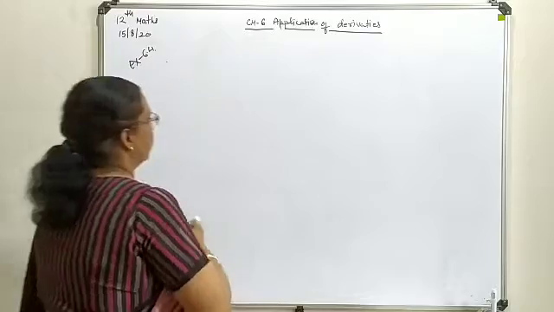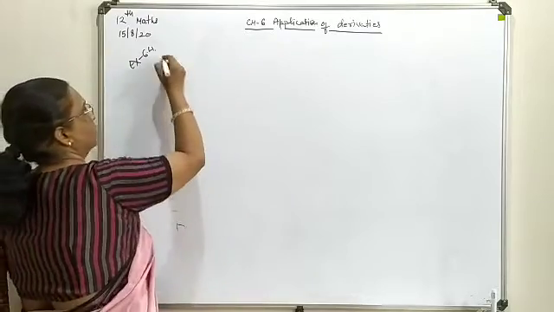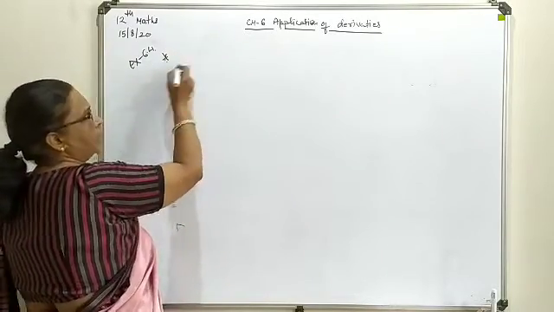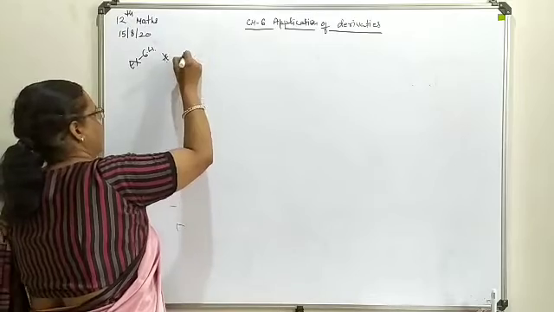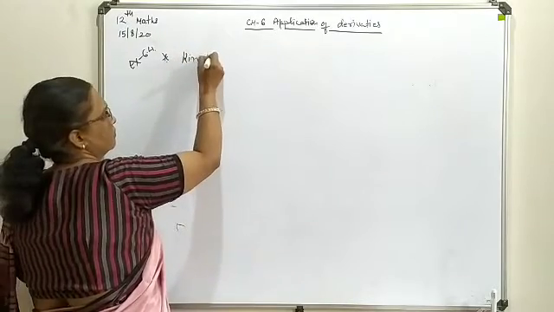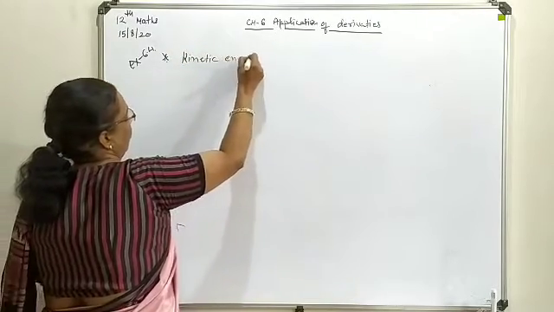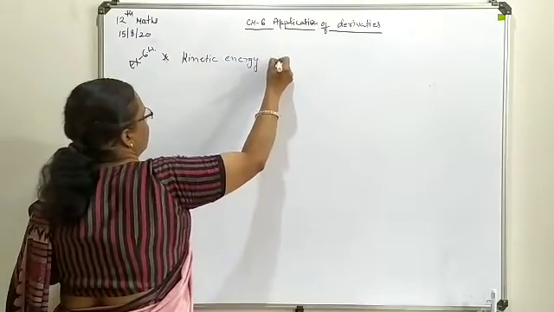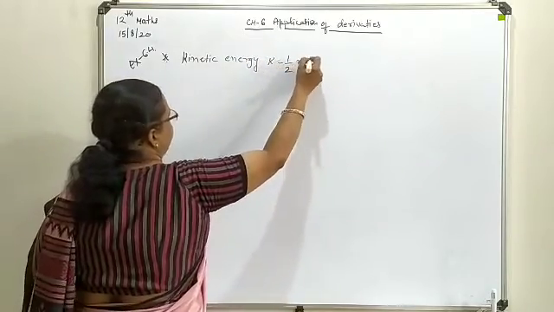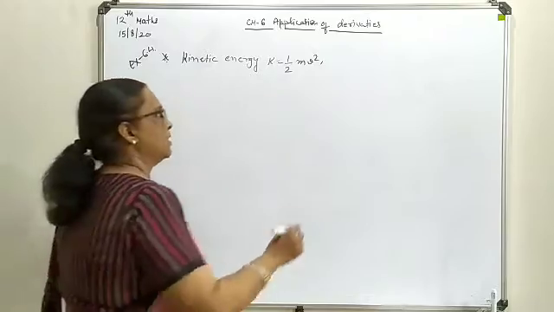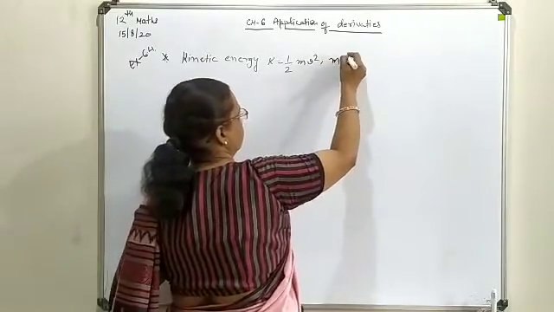Now here we have a question: a particle is moving with kinetic energy K equal to half mv square. Here m is a constant quantity.